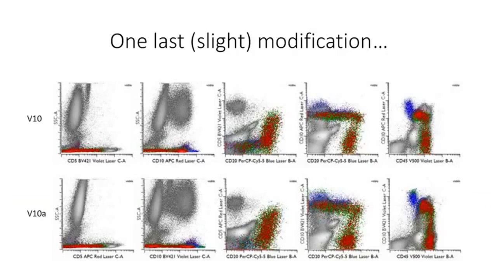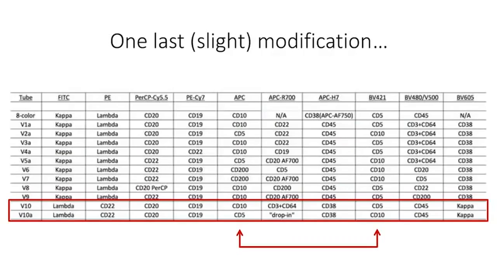Okay. So we're getting to, oops, if you could go back one, please. All right. We're getting to the bottom of our list here of our iterations, and we've got CD22 in PE. We've moved the light chain to BV605. In the penultimate version of the tube, we were using this as a dump channel with CD3 and CD64. Ultimately, we decided it really wasn't particularly helpful.